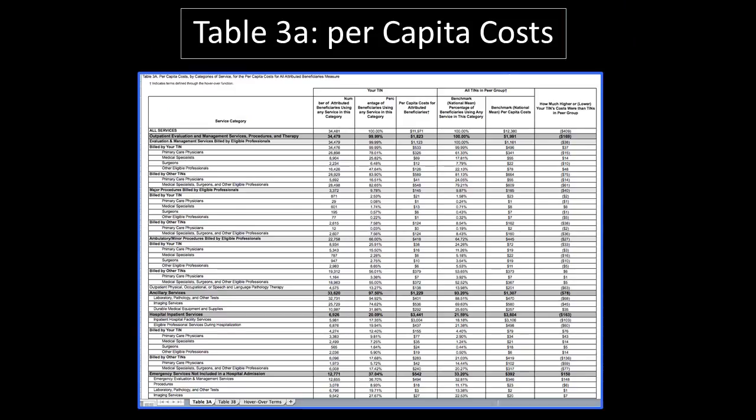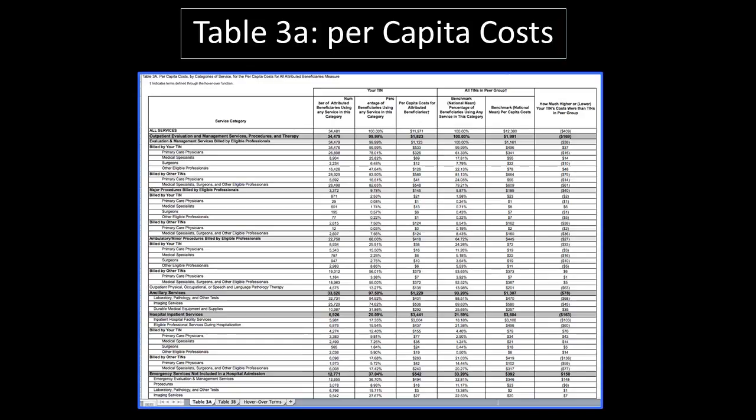Next, once we know who's in the tax ID number in Medicare's eyes and which patients have been ascribed, they now are able to provide us with data on per capita costs for all the patients in the tax ID number. So you can see for all the patients who are attributed how one particular tax ID number performs relative to another with respect to costs and national benchmarks.